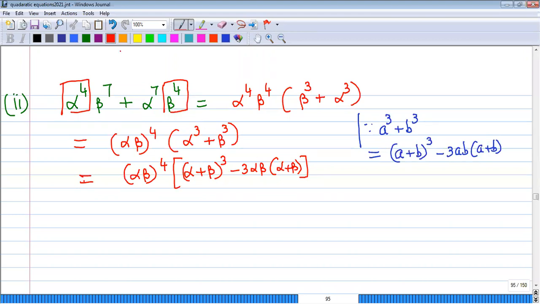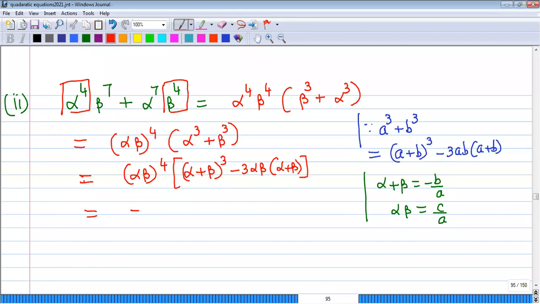Now here alpha plus beta is equal to minus b upon a, whereas alpha beta is equal to c upon a. So let us substitute and get simplified.